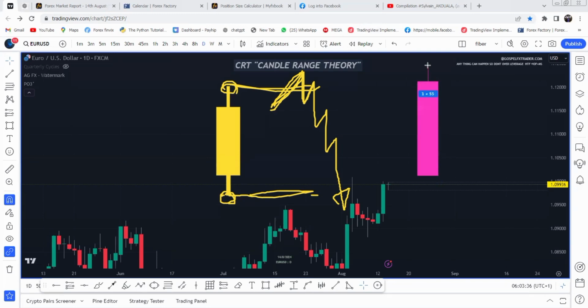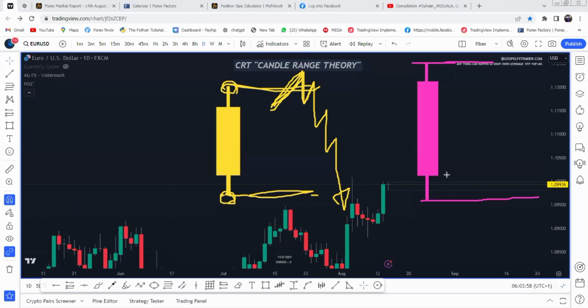You can have a candle like this, suppose it's a bearish candle, and then price comes and grabs the range low, which is the CRT low, and then this is the CRT high. So price now opens the next candle and it does something like this.